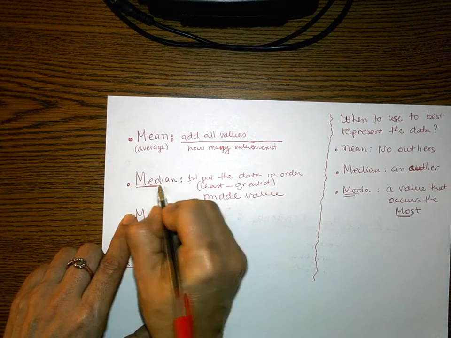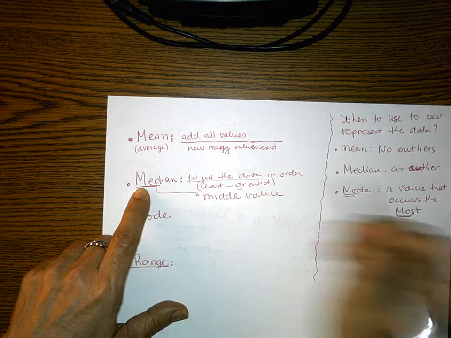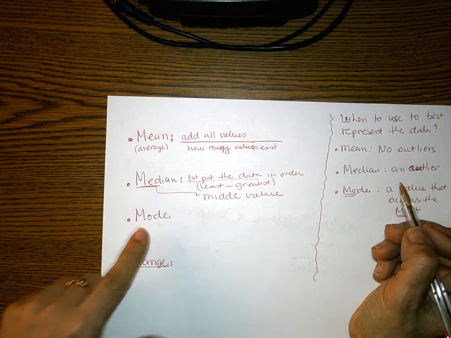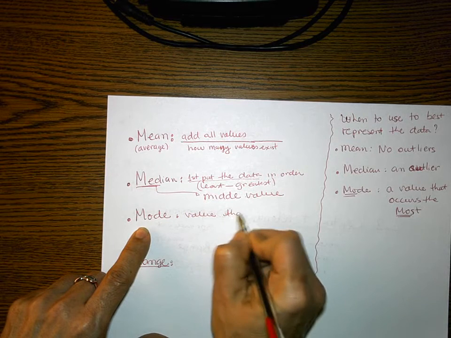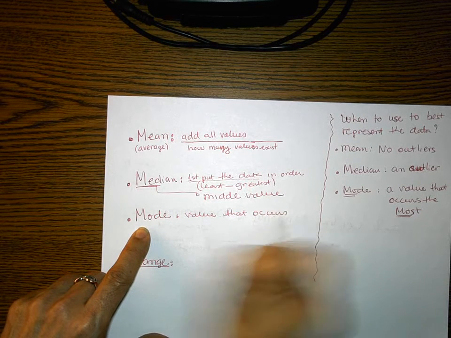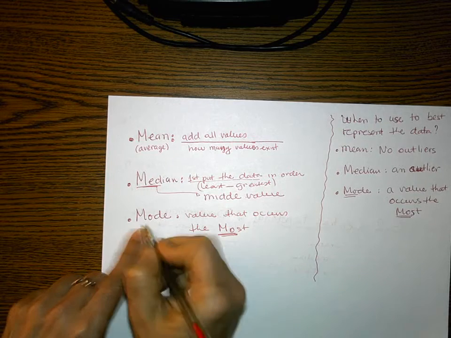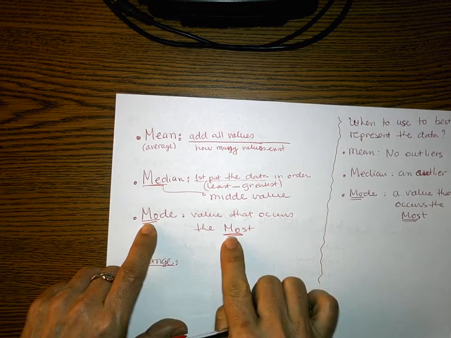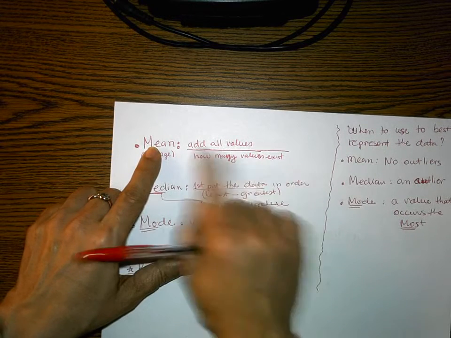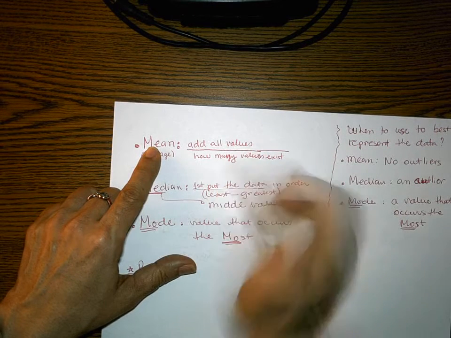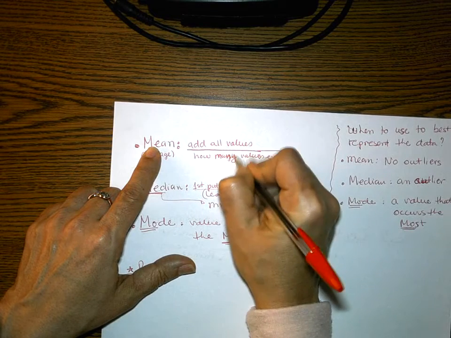The median, mid, is the middle value. But first, the data must be put in order. The mode is the value that occurs the most. I'm going to put most in MO, because that goes with mode. MO, most, mid, middle, must be in order, and the mean, you add all the values and you divide by the total number of values that are there.